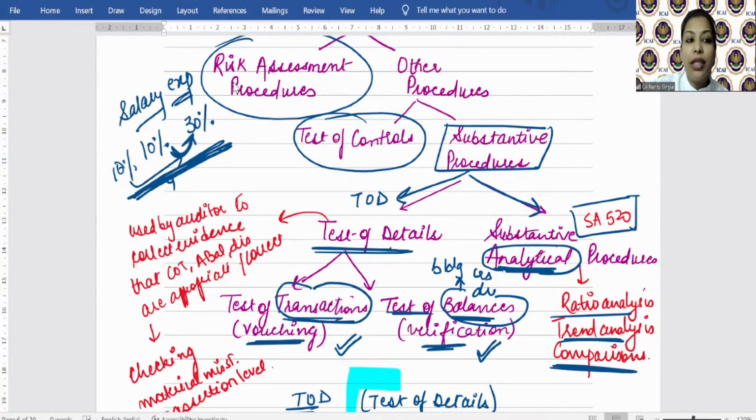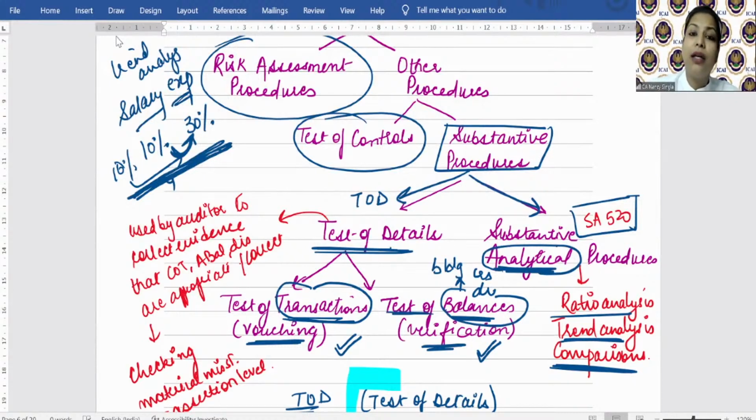So this is what auditor is performing, what? Trend analysis. Or auditor may compare the GP ratio of the client with the GP ratio of the other companies in the similar industry. So ratio analysis along with the comparisons, right?